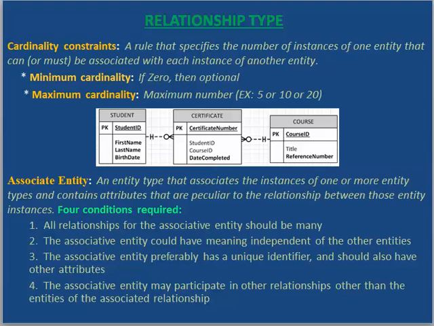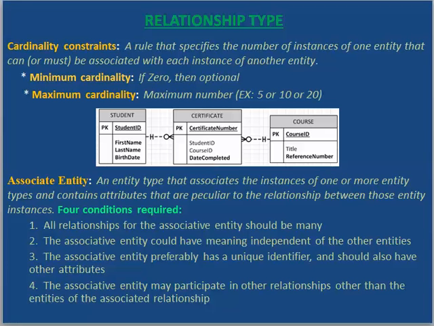Four conditions are required for an associative entity. Number 1, all relationships for the associative entity should be many. Number 2, the associative entity could have meaning independent of the other entities.